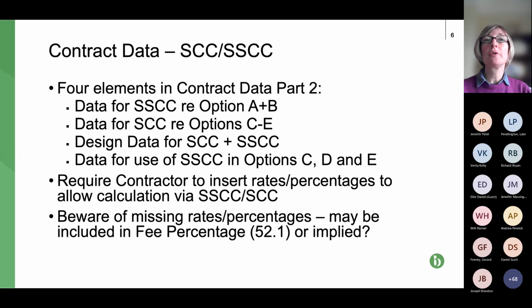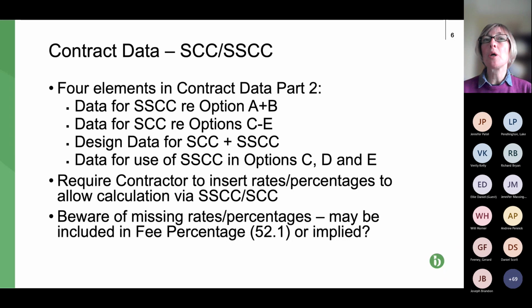So there are 4 elements in the contract data part 2. And again, bear in mind, we're talking about NEC 3 here. So the first one is the shorter schedule of cost components for options A and B, because we know that that's what applies for A and B for the compensation events.